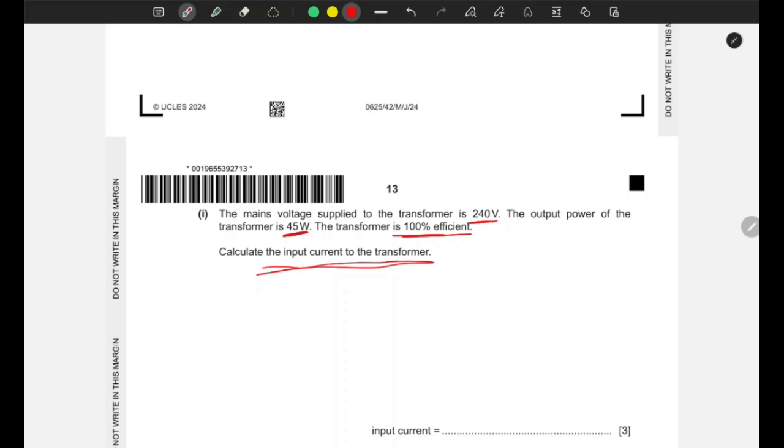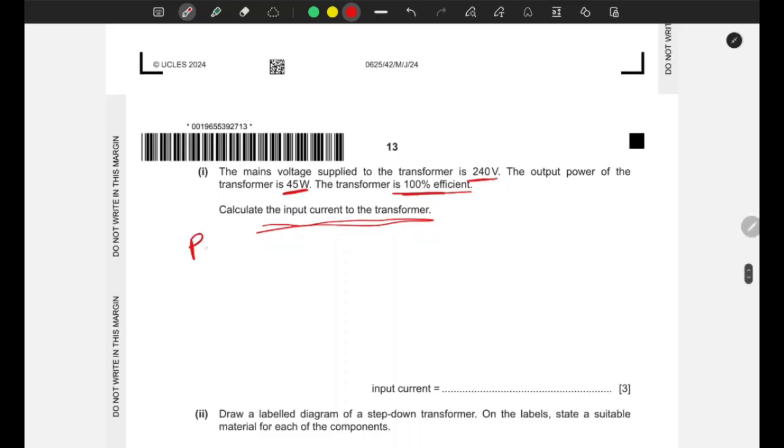Alright. So if it's 100% efficient, that means the output power of the transformer is equal to the input power. So we know that power equals voltage times current.